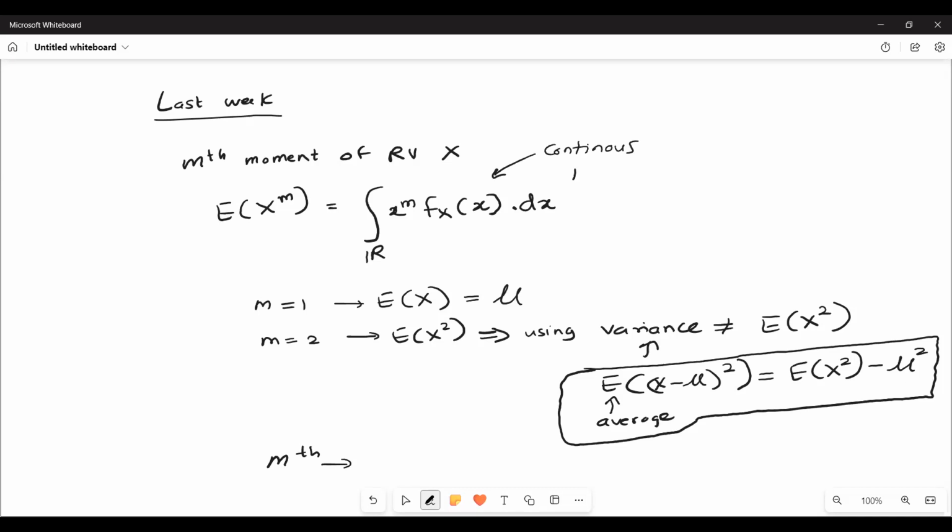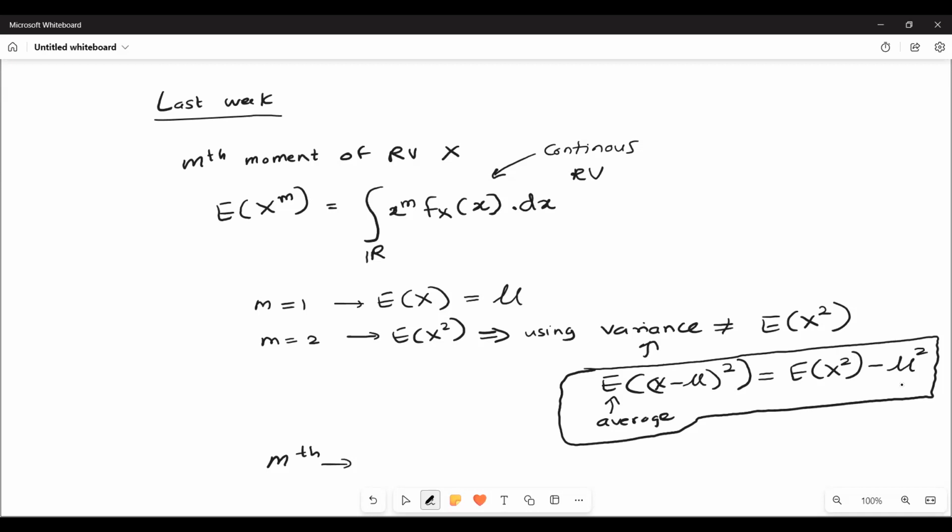We can easily identify it by the continuous integration that we are doing, over dx each time, over the real axis. If we see an integration of a PDF function, then we know that we are integrating over a continuous random variable.